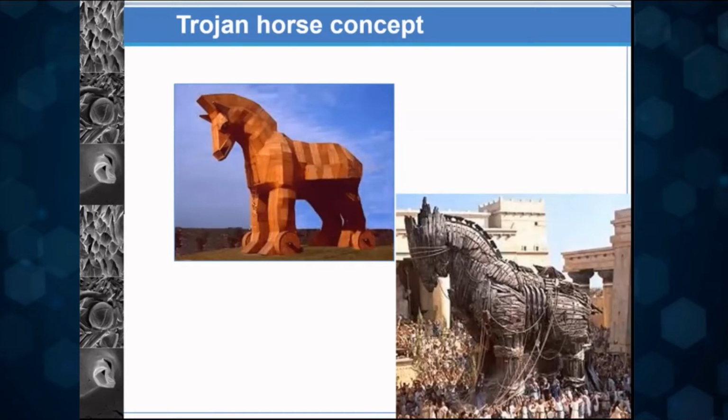The concept is that the agent which is responsible for the aggression or the effect in our case is by itself not welcome. However, if we can hide within another structure which is considered favorable, then you piggyback on the modes of entry of that favorable structure to gain access and then release your aggressive elements.